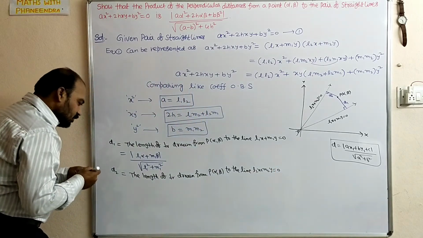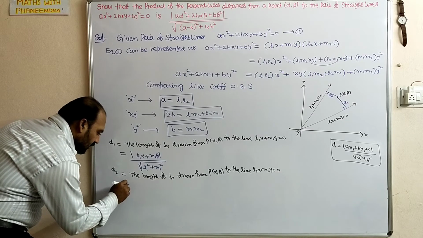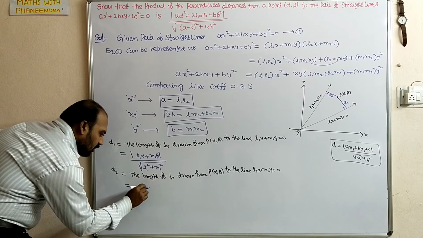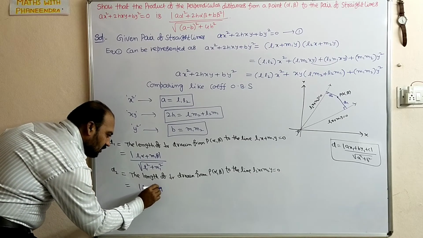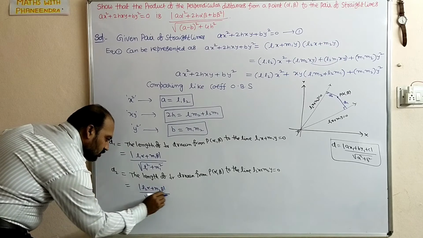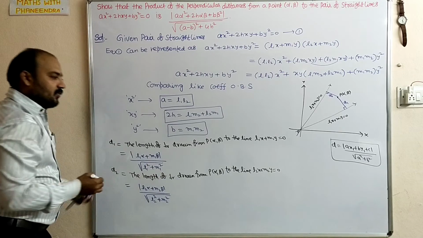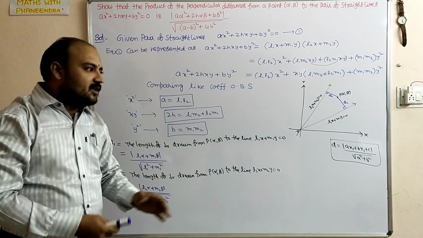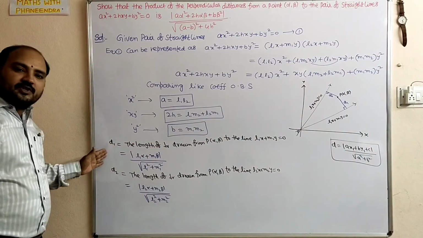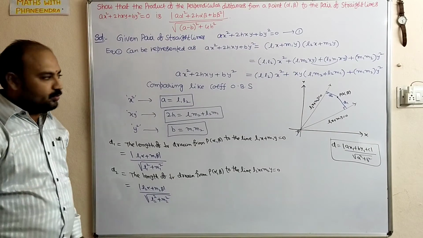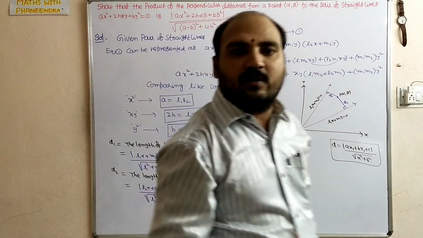Then we have D2 equal to mod L2 alpha plus M2 beta divided by root of L2 square plus M2 square. After that, what we have to do is, we are going to do the product of these two values, D1 into D2. Just I'll write on the board and after that I'll explain.